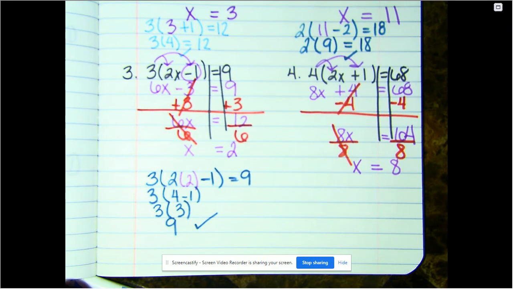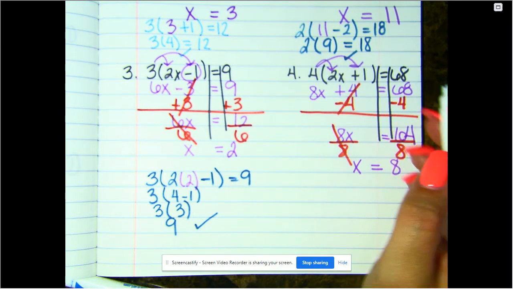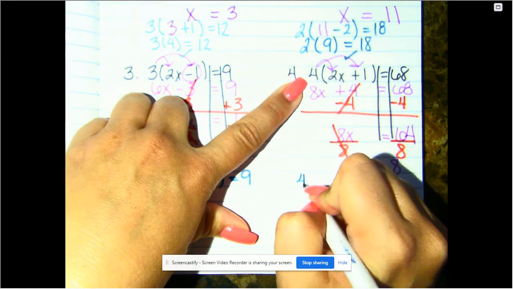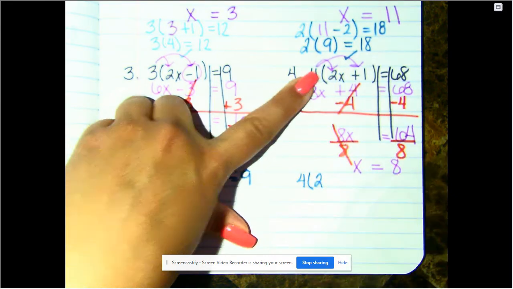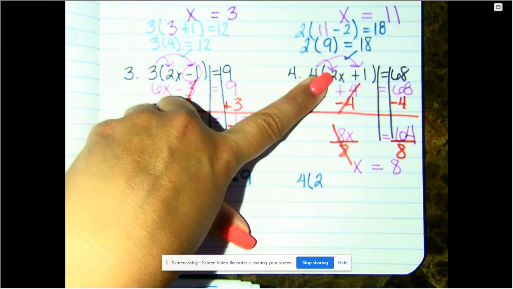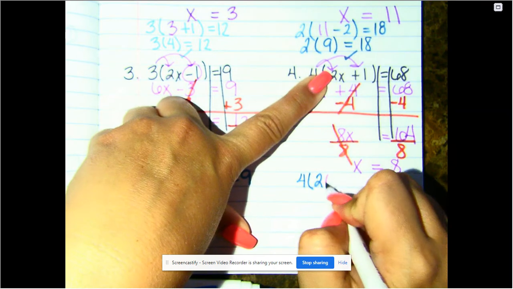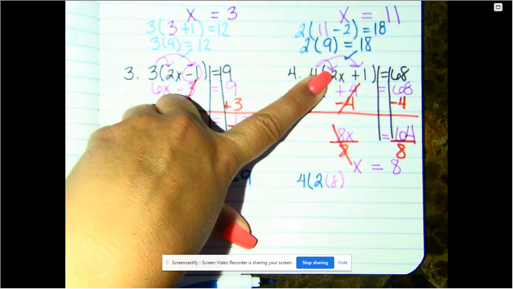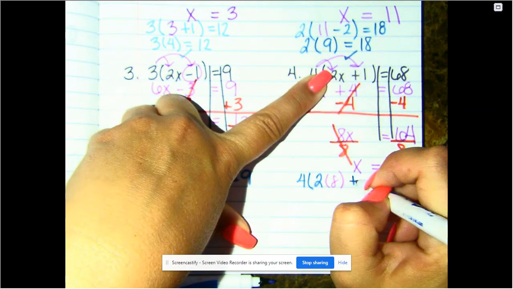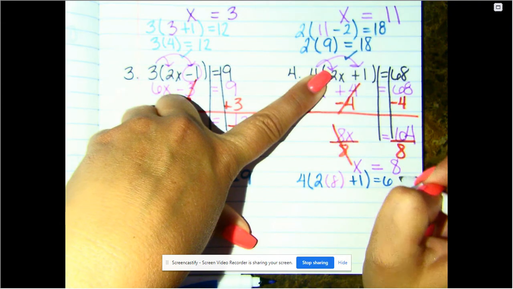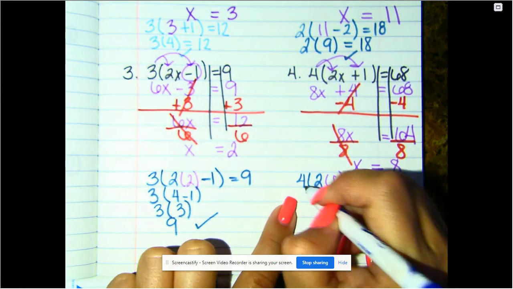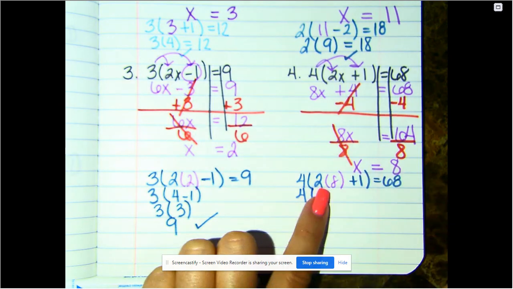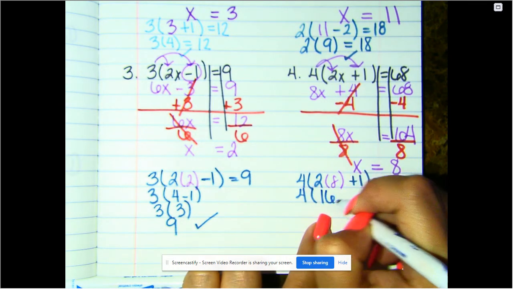Okay, last and final step is checking your work. So I'm going to take 4 times 2. Instead of x, I'm going to replace it with what I say x is equal to. And then I'm going to add 1. Okay, so working inside my parentheses, I have 4 times 2 times 8 is 16.